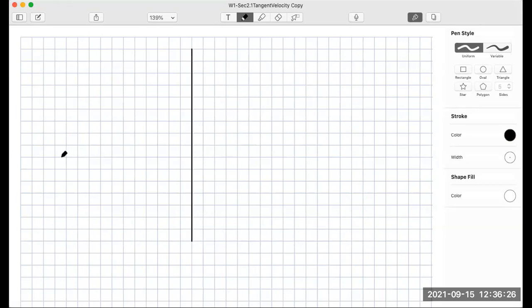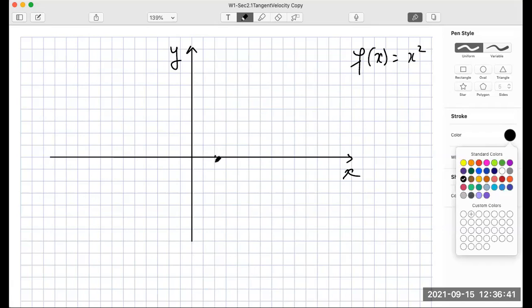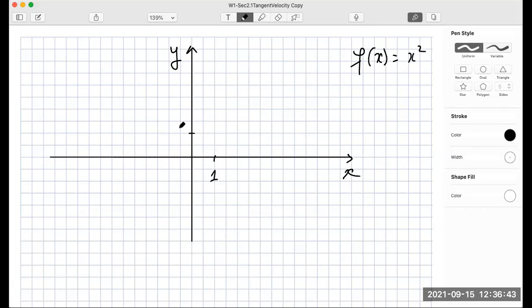So in Cartesian coordinates, the function f of x is defined as x squared. Then the graph of this is 1, this is 1, negative 1. We'll go through these points.